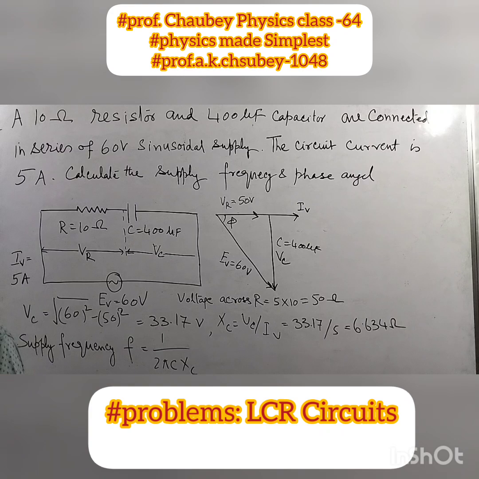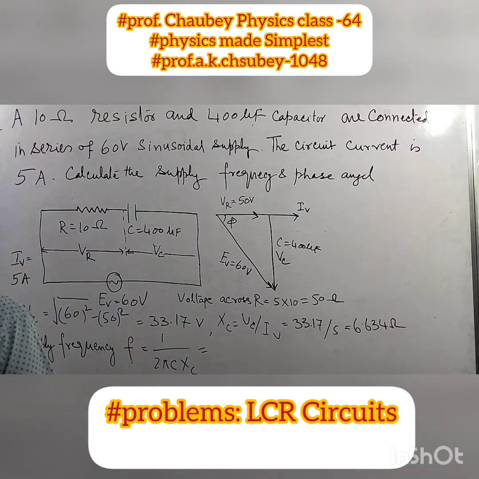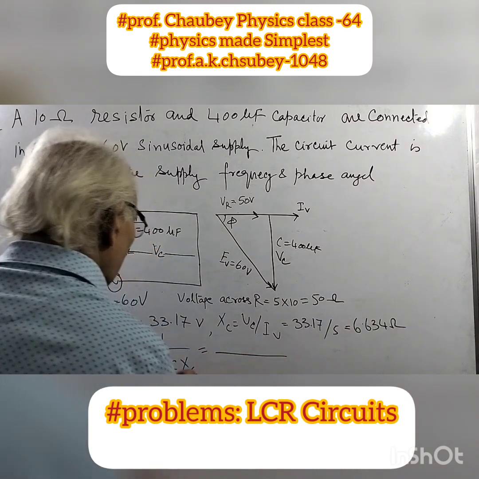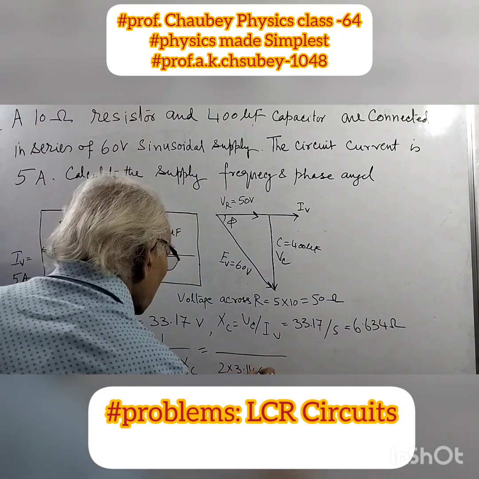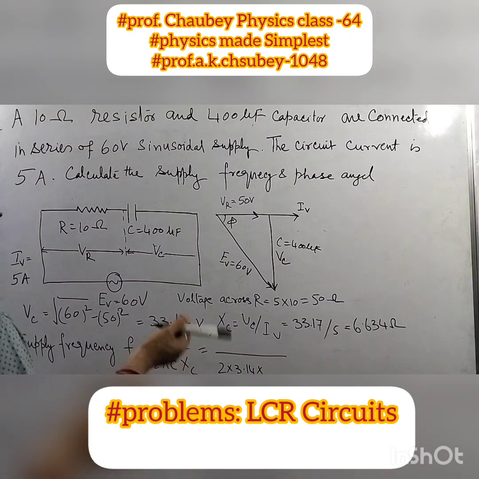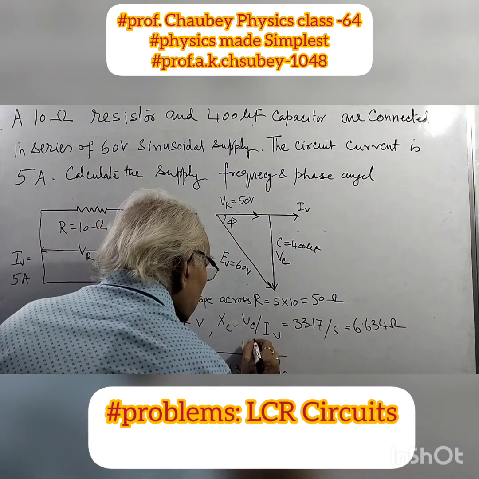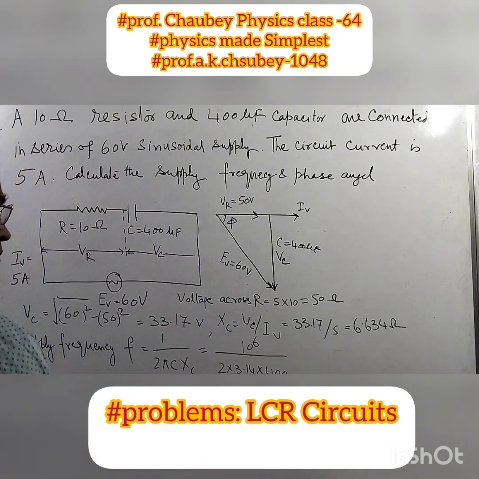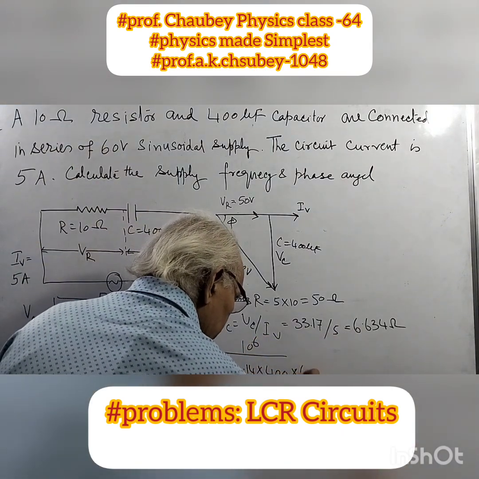So f will be equal to 1 over 2 into 3.14 into C, 400 into 10 to the power minus 6, into XC, which is 6.634.